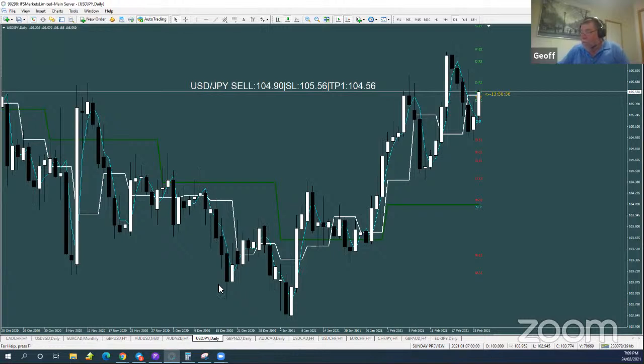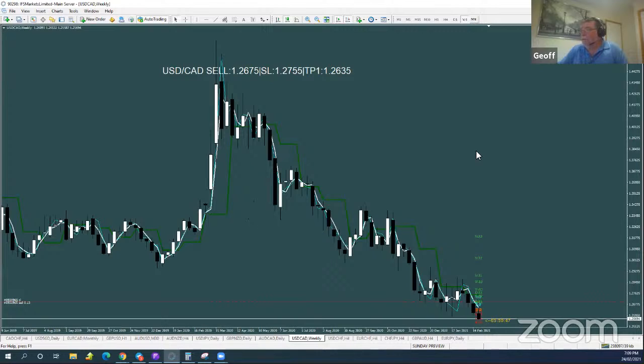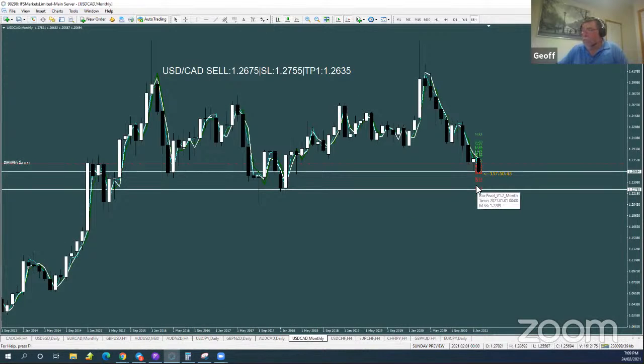The only other trade that we are still in is dollar CAD. And dollar CAD are struggling, of course, to get through these lows, but if it does, then I think we've got a very, very good shot at getting 122.78, which would be a pretty good result based on the risk that we took, which was what, 80 pips.